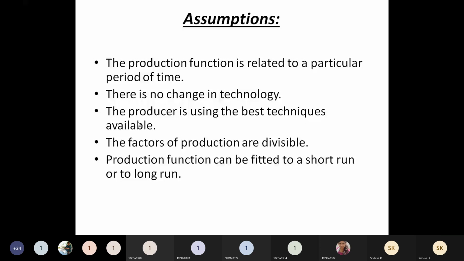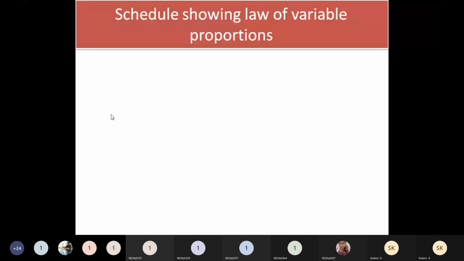In this law, what we are going to do is go on increasing labor one by one in producing a particular product. For example, if there is any agricultural land, in that land you may be using more and more labor.